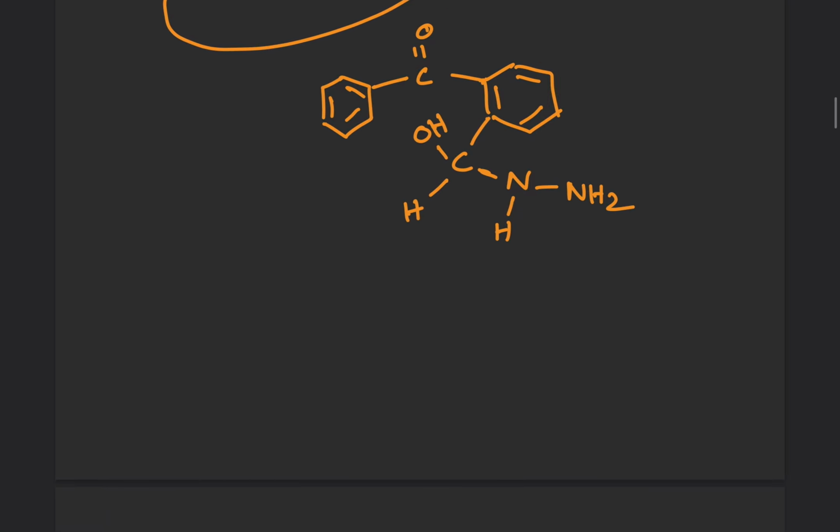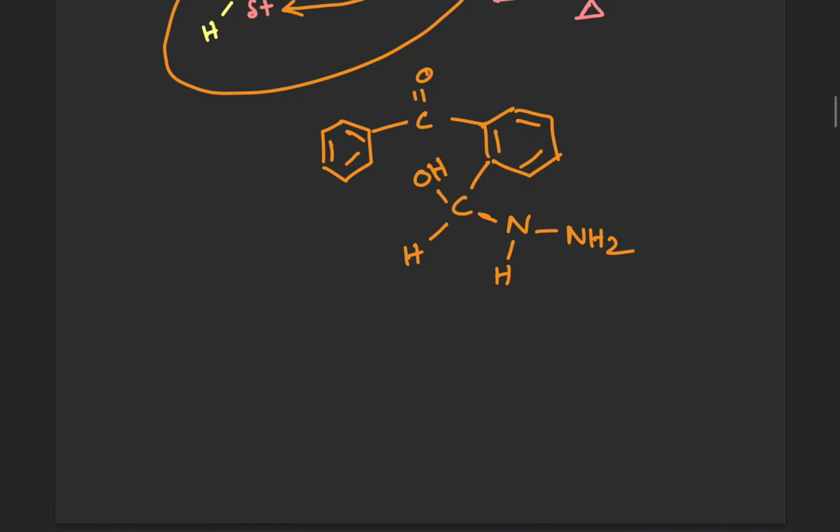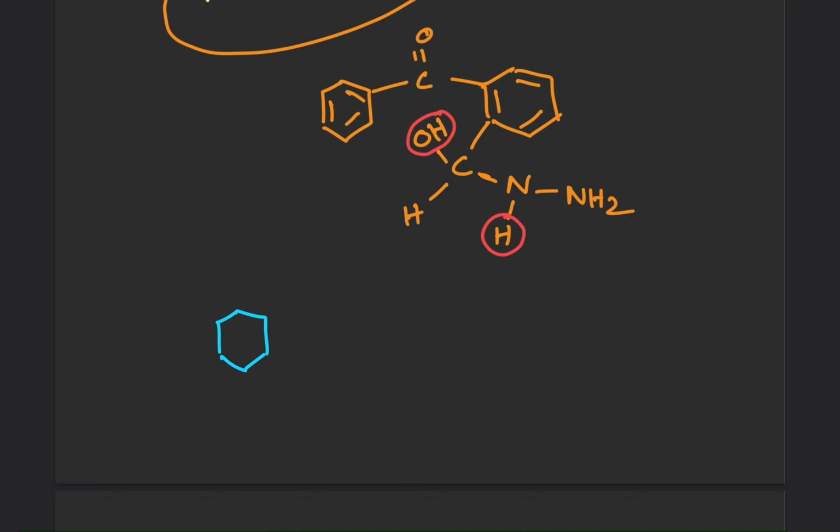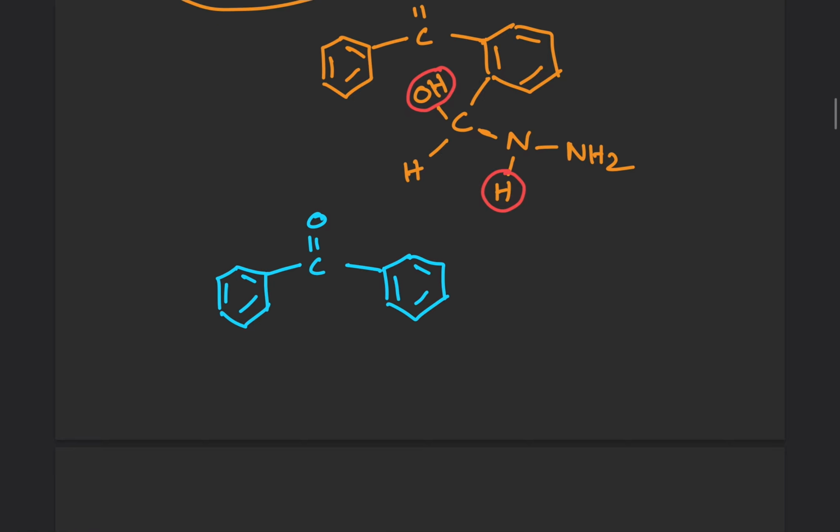Because of the heat we will lose this OH and this H as a molecule of water, so we will ultimately get a benzene ring connected to C double bond O, benzene ring, CH. Since we have lost OH and H, there will be a double bond between C and N. So we will have CH double bond N, which is connected to NH2.